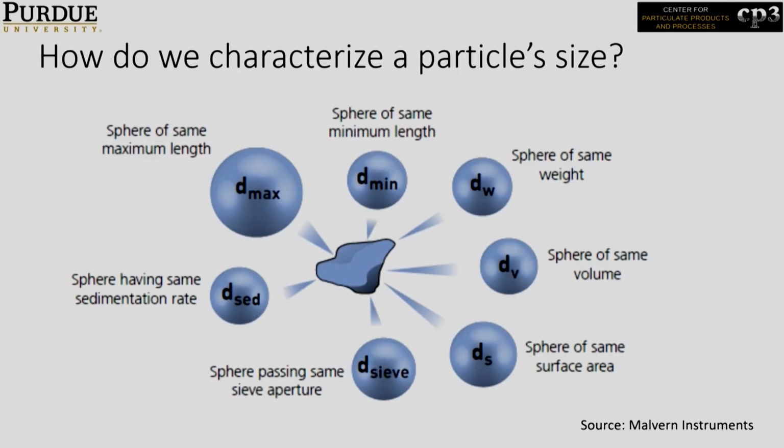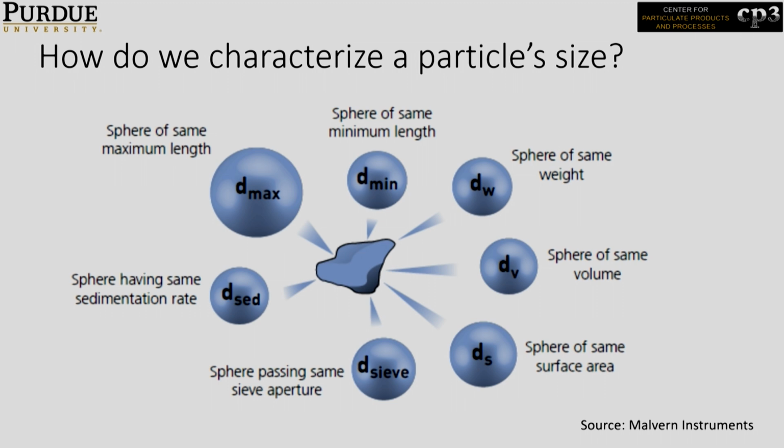So what we do is take that material and compare it with another property, just to make it a spherical particle or spherical material. Why are we making it into a sphere? So we can define that particle's size using one number.